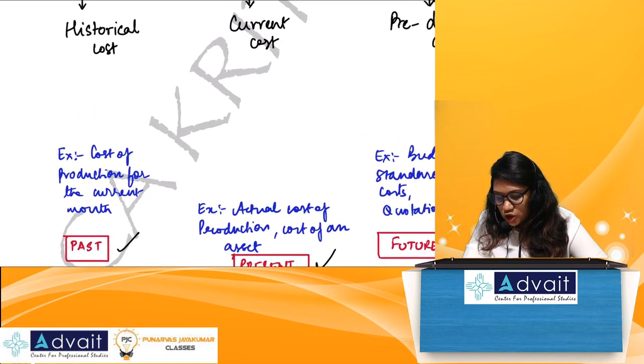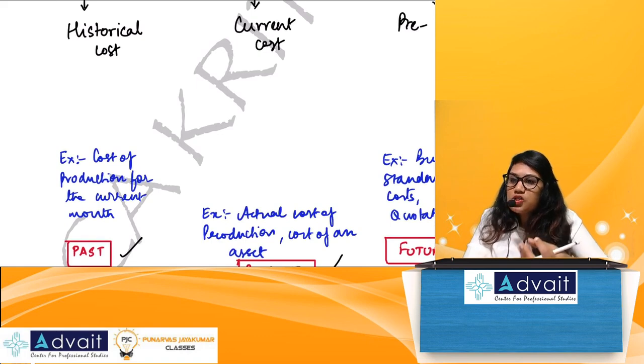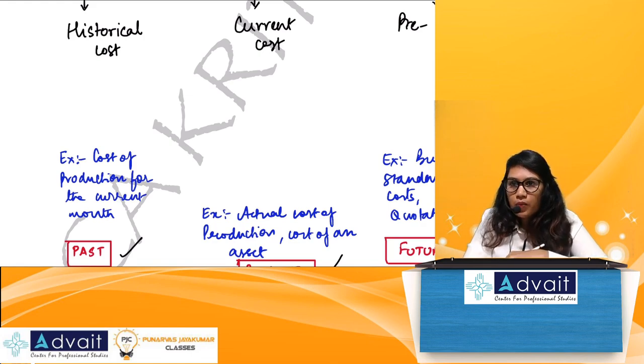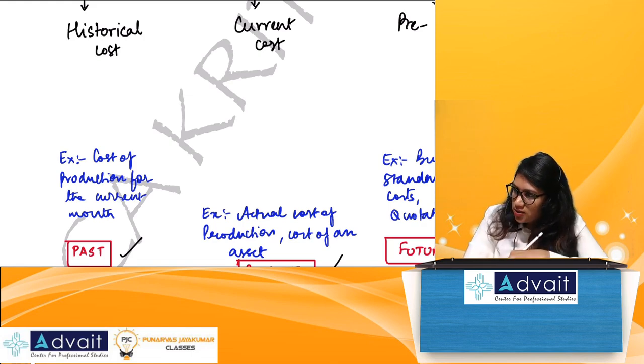So what is historical cost? Cost which is ascertained after a particular event is over. So you have purchased a new machinery or a new asset. So the cost of that asset which is calculated is called as historical cost. You would have studied this in accounts. Why? Because I've already purchased.